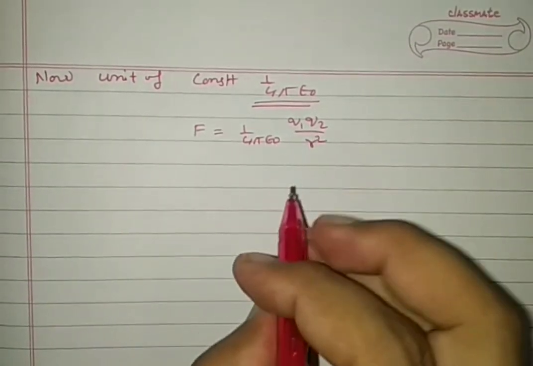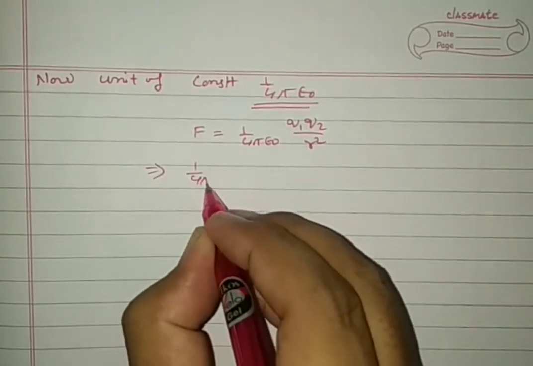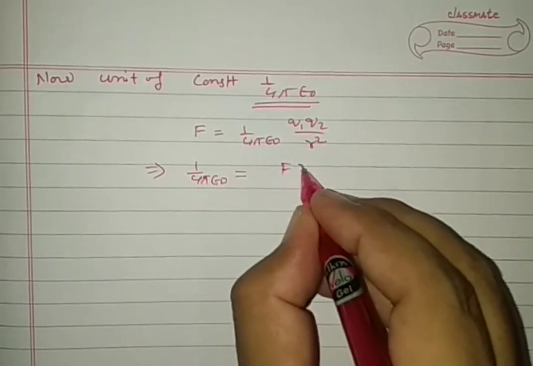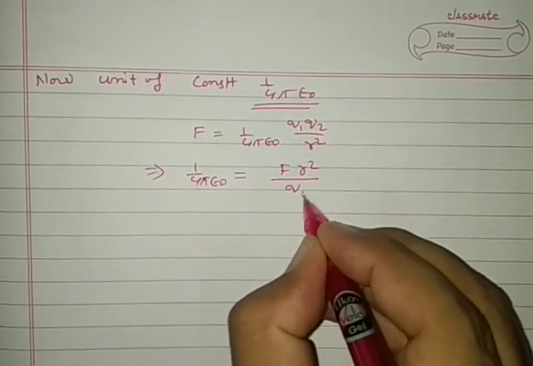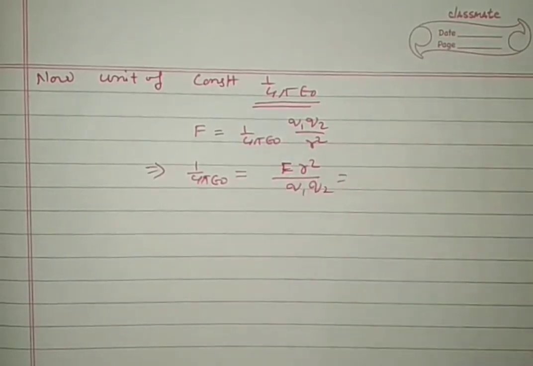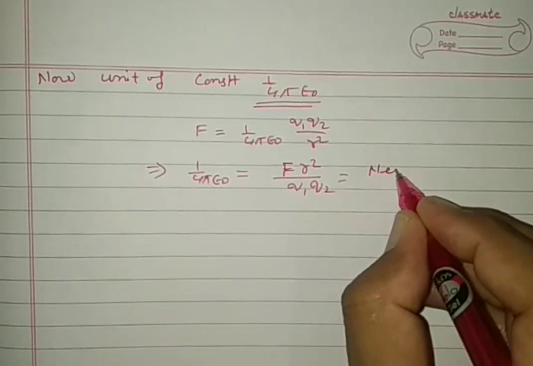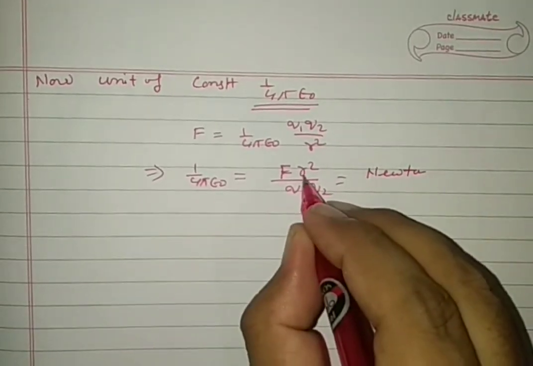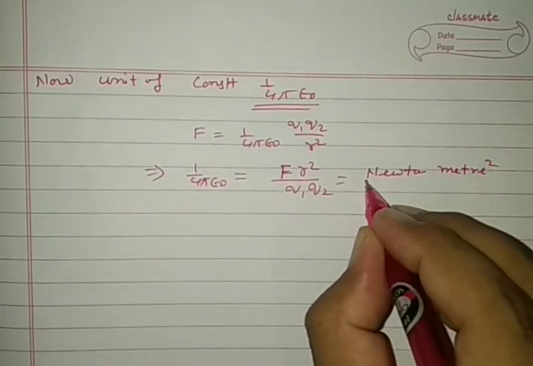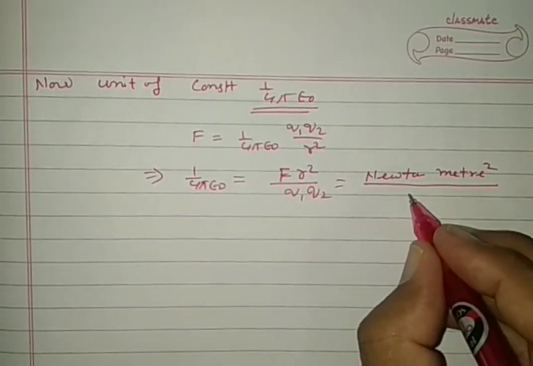So 1 upon 4 pi epsilon 0 is equal to F r square by Q1 Q2. See very carefully. F is measured in Newton, distance measured in meter, this is squared, by Q1 and Q2, the unit of charge is the coulomb.